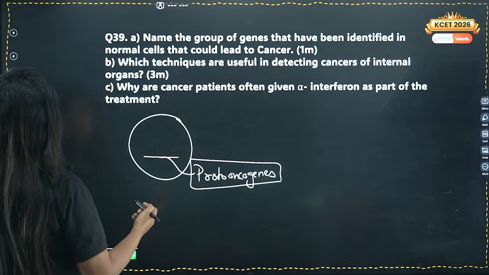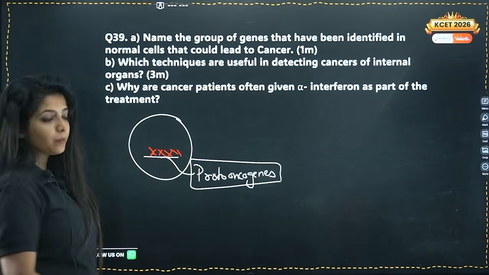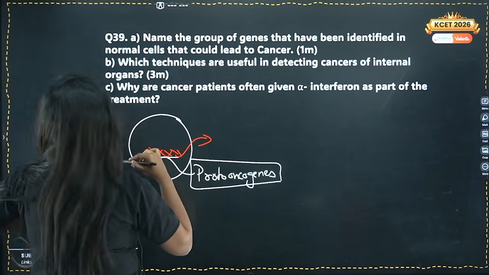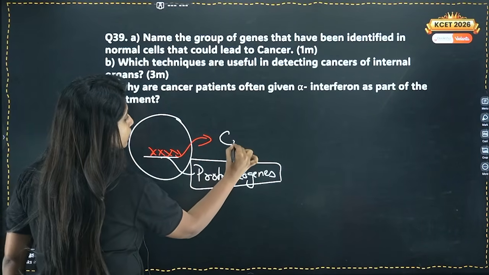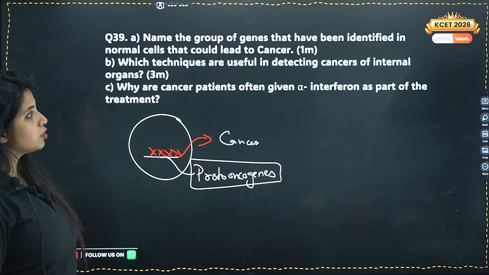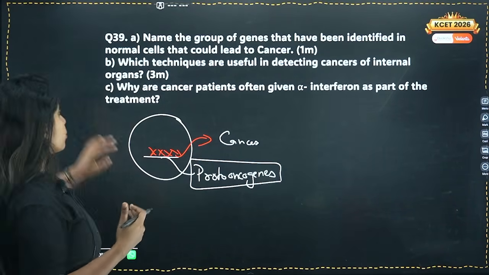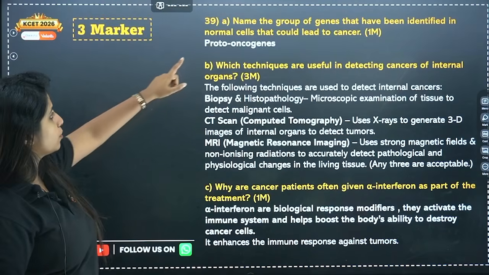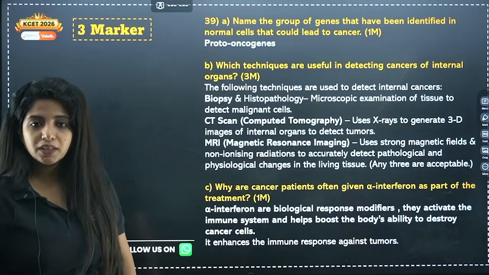But suppose there is some mutation happening over here. What happens? They are going to lead to cancer. They will turn the cells into cancerous cells. So, name the group of genes that have been identified in normal cells that could lead to cancer. It is proto-oncogenes. How do you write the answer? Like this. Proto-oncogenes. Simple.